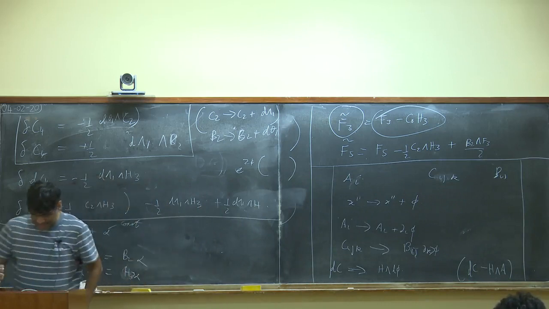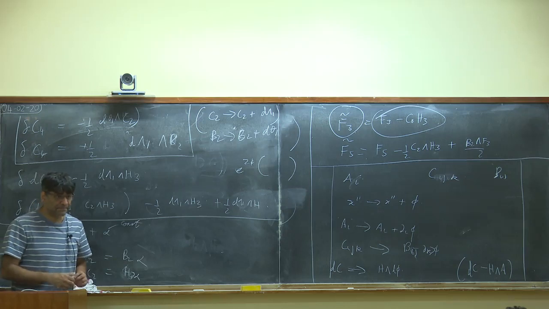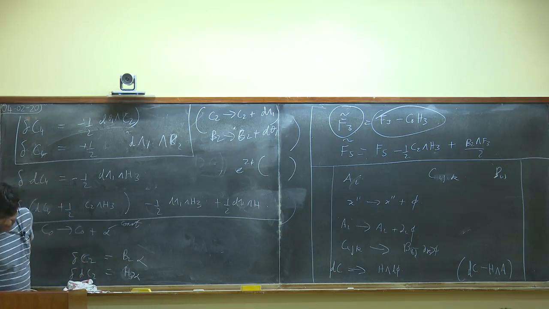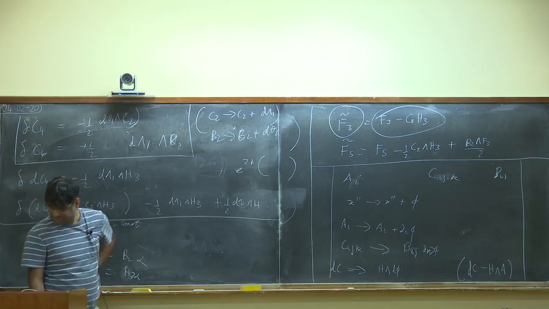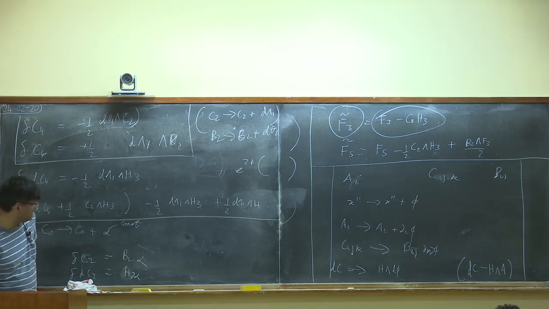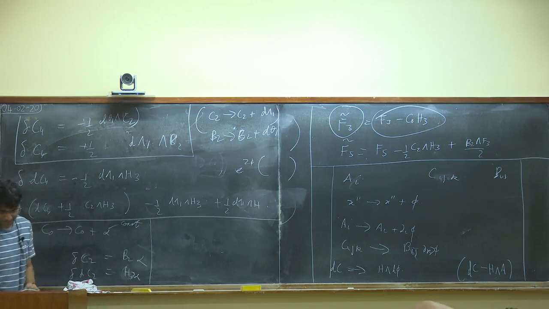Now we have to check that the Chern-Simons terms are invariant under all gauge transformations. Well, I'll do one of them, and then you guys can figure out the rest.